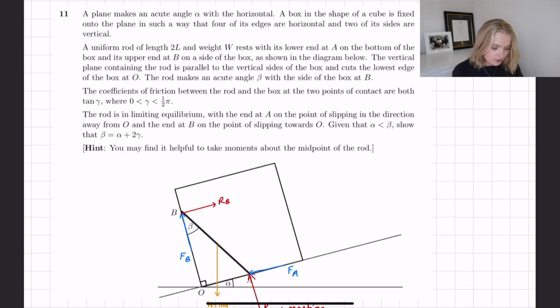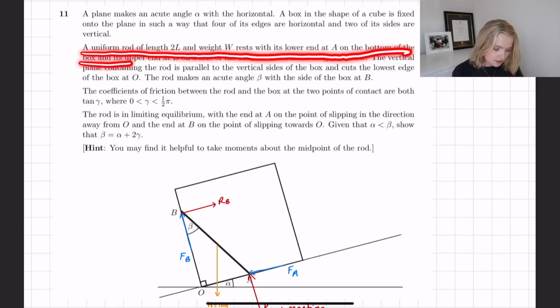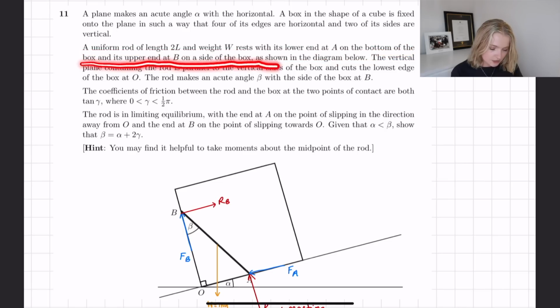A uniform rod of length 2L and weight W rests with its lower end at A at the bottom of the box and its upper end at B on the side of the box, as shown in the diagram below.